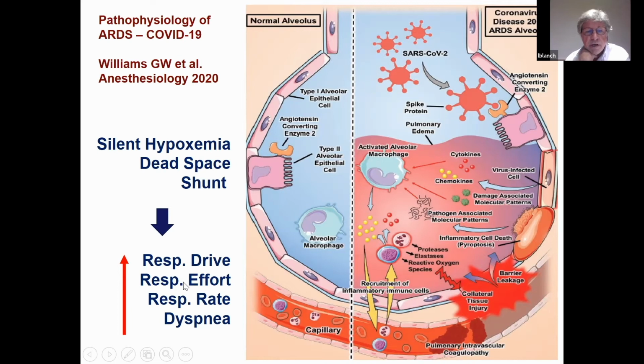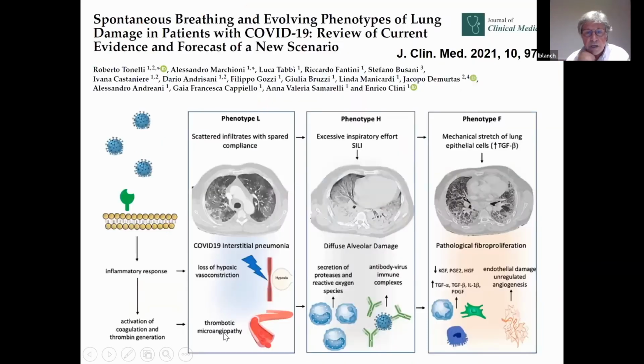Again, the drive causes an increase in effort, later an increase in rate and dyspnea. And this is one of the reasons that we intubate patients with COVID-19. This is just to remind that there are several phenotypes that have been described, and there is still controversy, but some people believe that this initial state of interstitial pneumonia evolves to diffuse alveolar damage when there is this high inspiratory effort, maybe inflicting further pulmonary injury.